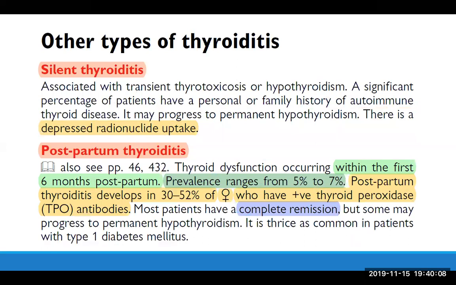Hashimoto thyroiditis. Another type of thyroiditis is silent thyroiditis. This is thyroiditis with low uptake; actually in all thyroiditis, radioactive iodine uptake is low. Postpartum thyroiditis is very important, and I think in the previous session we discussed it in more detail. Of course, this is diagnosed in the first year postpartum, with a thyrotoxic phase in the first 3 to 6 months, followed by a hypothyroid phase, and then euthyroid or persistent hypothyroidism.